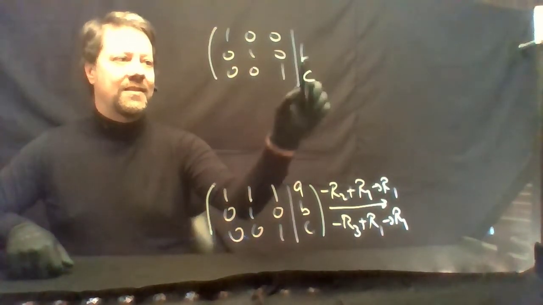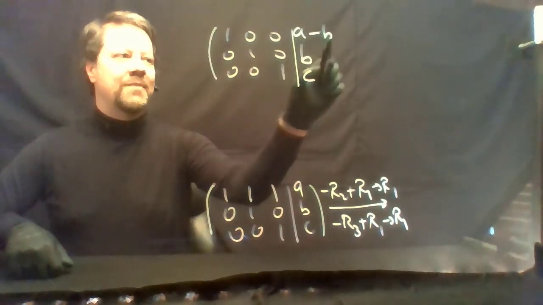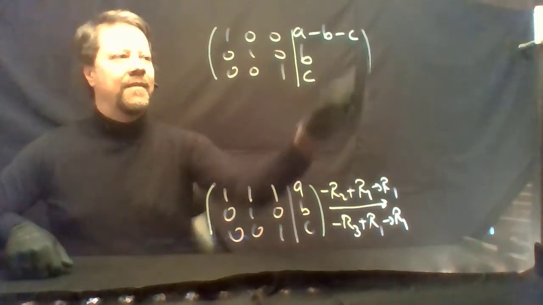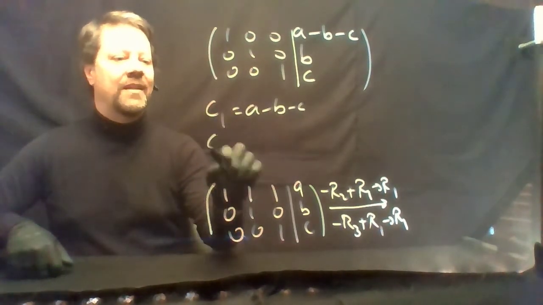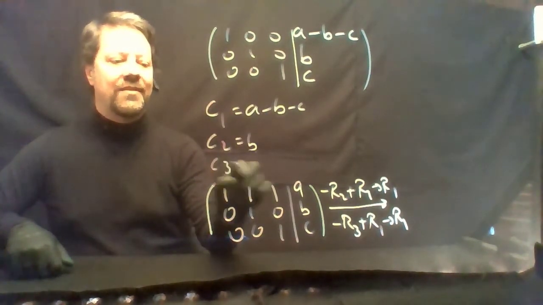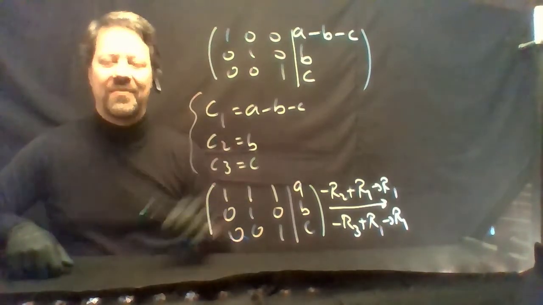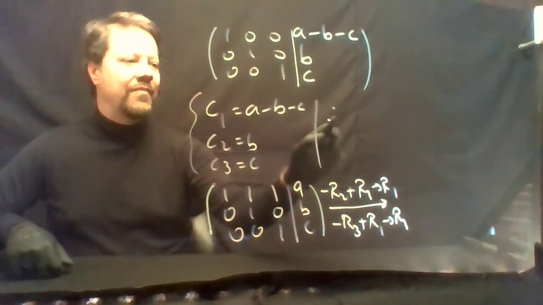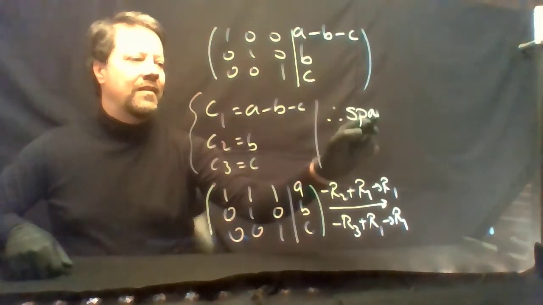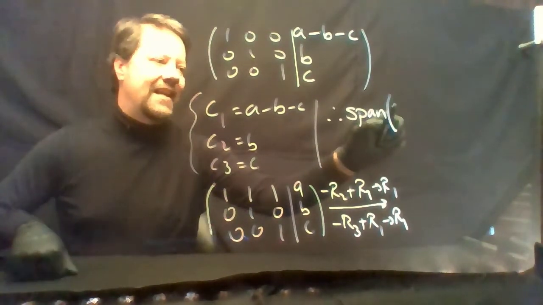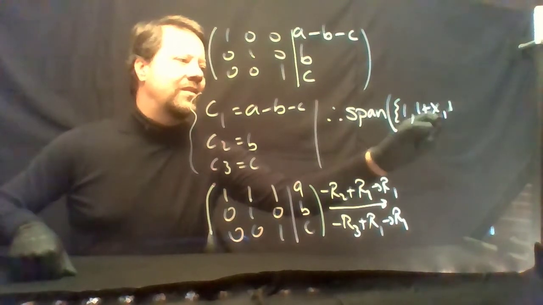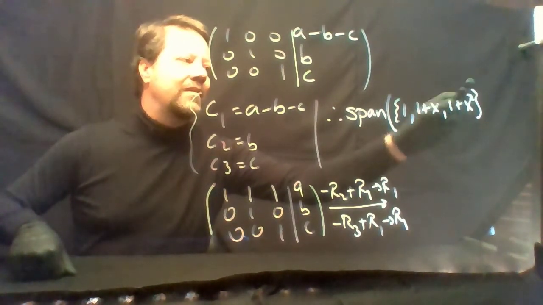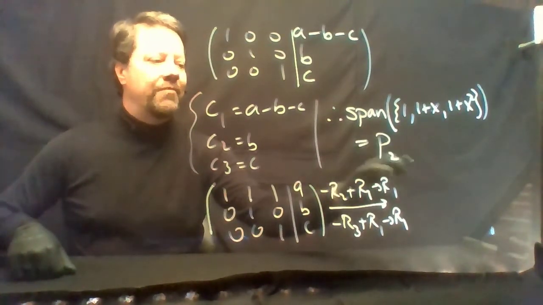This is still C, this is still B. We'll have A minus B minus C. We'll have C1 is A minus B minus C. C2 is B, C3 is C. Therefore, the span of that set S containing 1, 1 plus x, 1 plus x squared, is equal to all of P2.